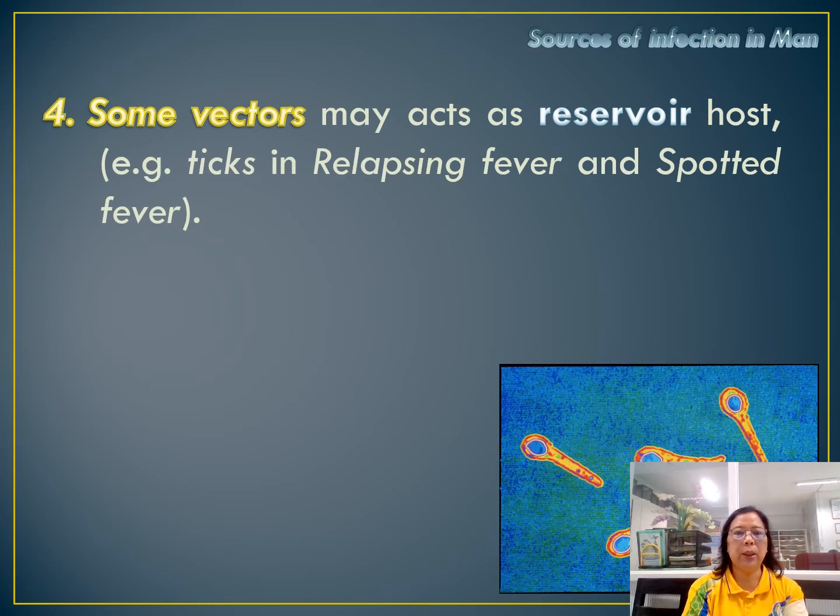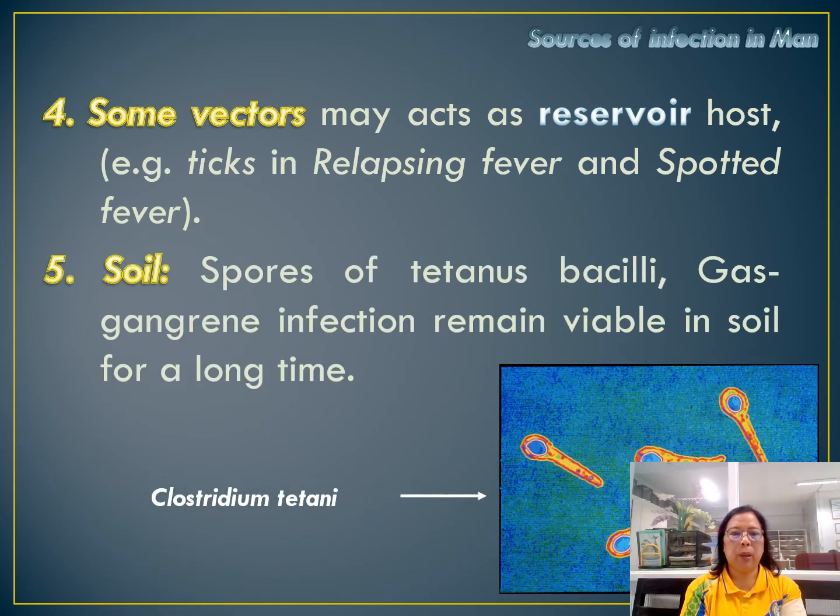But there are also some bites of ticks that will lead to fever, just like the case of relapsing fever and spotted fever. And then, of course, you also have the soil or the dust, and usually these are carrying spore-forming microorganisms like spores of tetanus bacilli and many other bacilli.